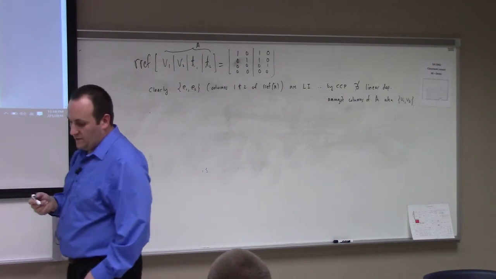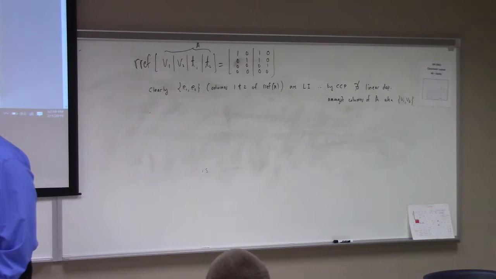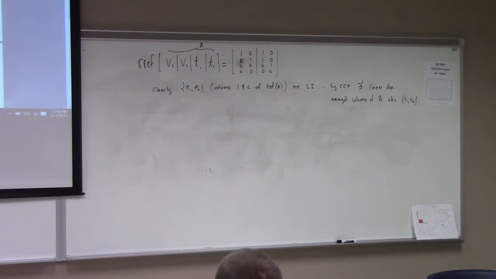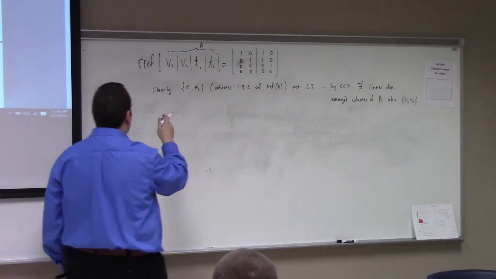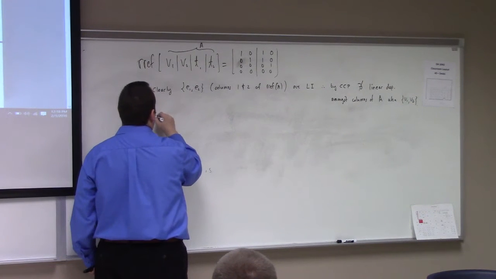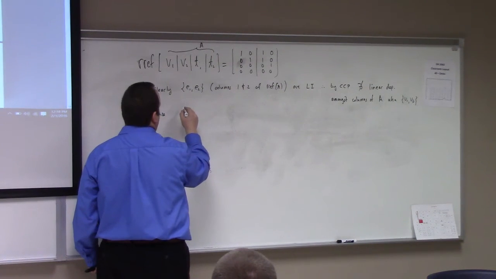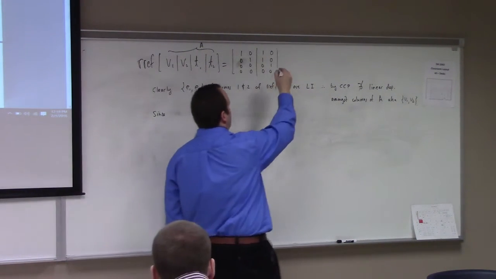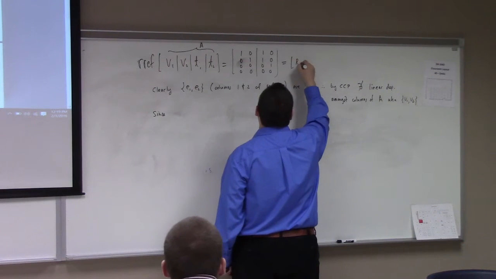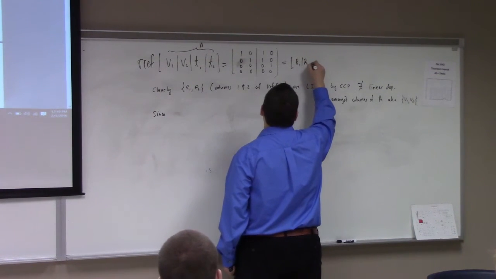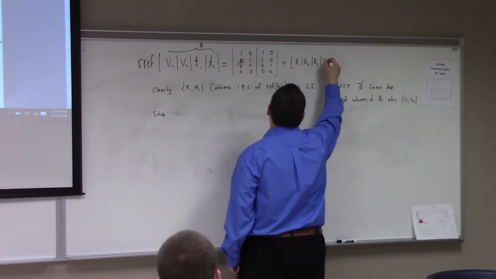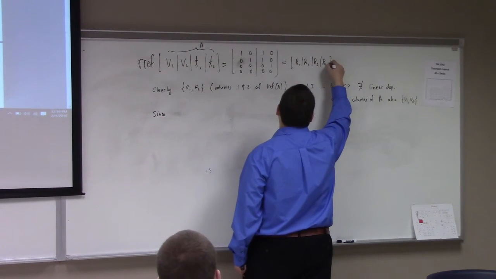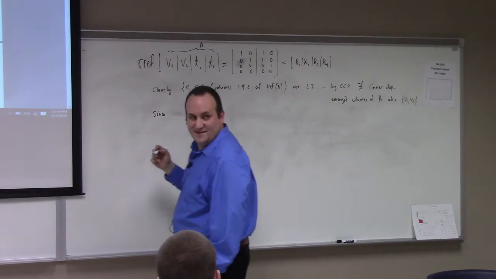Or another thing I could argue by interpretation without further calculation is that since, let me give a name to this, let me call this R1, R2, R3, R4. I'm somewhat violating the spirit of what I was just telling you to save myself writing.